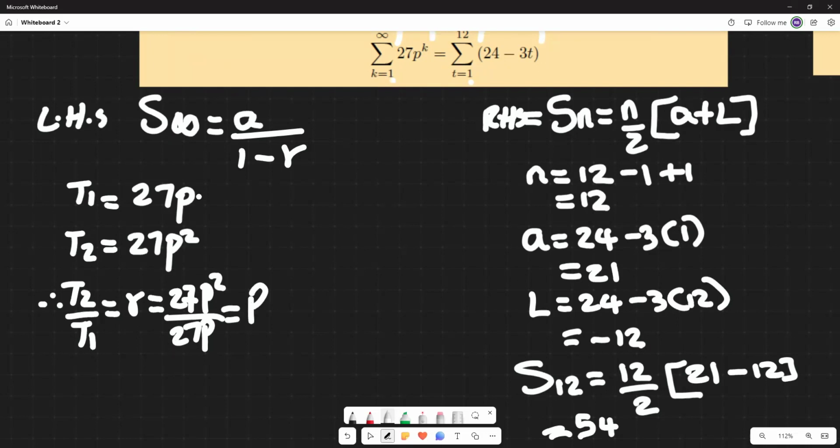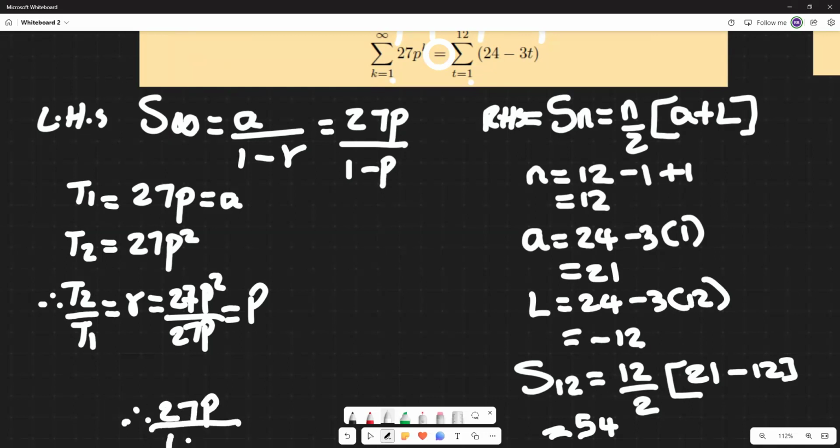You can see that the first term is your a, and the second term over the first is your r. The r is p, so you can substitute there. The first term is 27p, so you have 27p over 1 minus p. And ladies and gentlemen, remember they told us that the left-hand side equals the right-hand side. So we have 27p over 1 minus p, which is the same as 54.